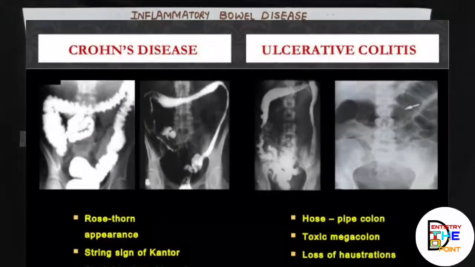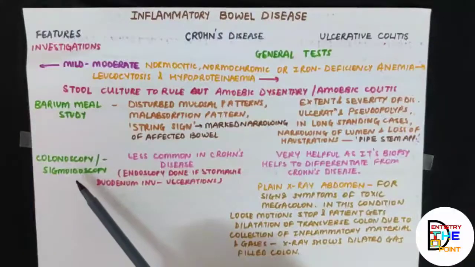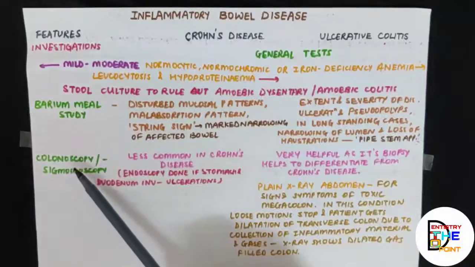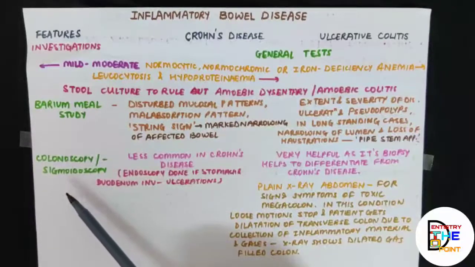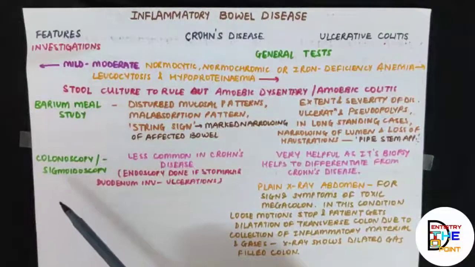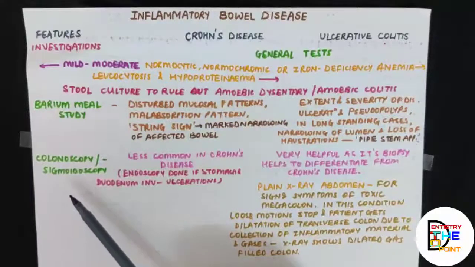Also colonoscopy or sigmoidoscopy. As by the name you understand, when you introduce it in the colon, it is colonoscopy. When you introduce it in the sigmoid colon part, that is your sigmoidoscopy. As we have studied in the introduction, Crohn's disease is more common in the ileum part.